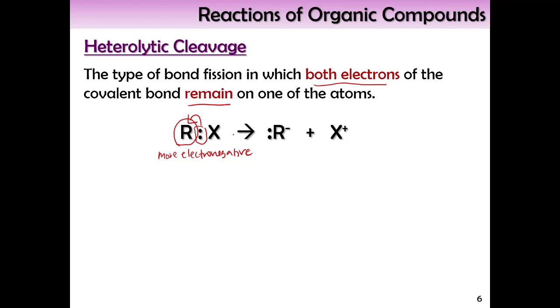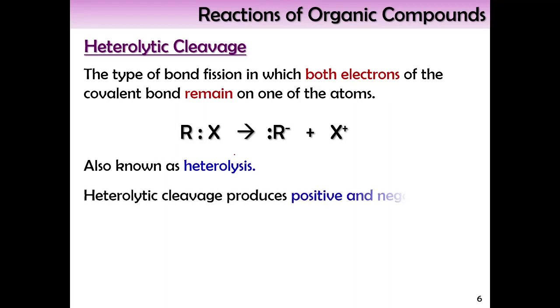We can see that this is not a free radical because it carries two electrons. This one is also not a free radical because there is no electron being transferred to this part. This one is negatively charged, so it is an anion. And this one is positively charged, so it is a cation. So heterolytic cleavage produces anion and cation.